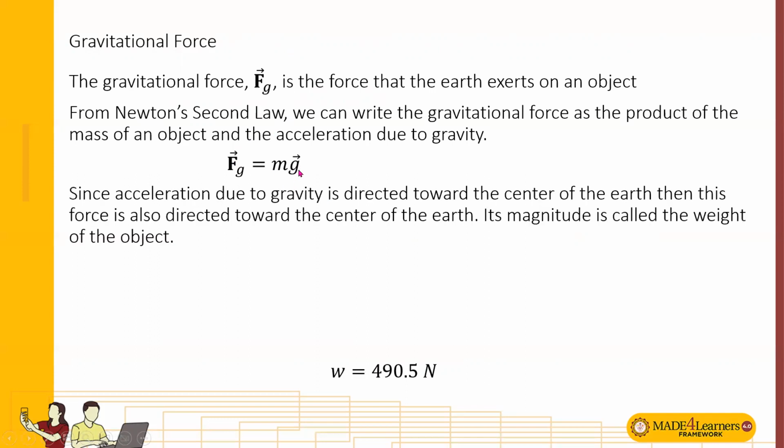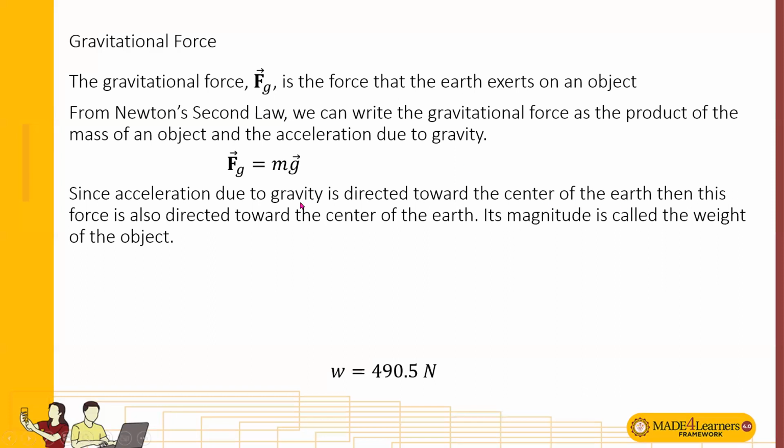All right. So we have the convention, in lesson 2, that because of gravity the object is pulled toward the center of the earth. So the acceleration due to gravity is directed toward the center of the earth.